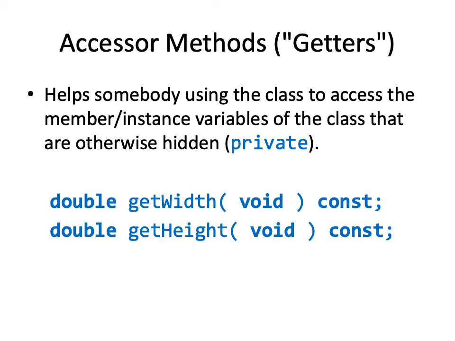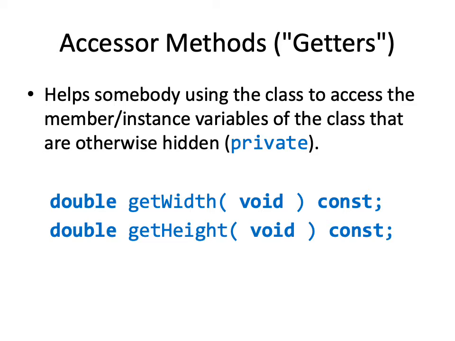Now, you notice there's a const at the end. That means that as a result of calling the getWidth function on a rectangle, that rectangle shouldn't change its value. So it's like, if I ask a person, what's your height? The person can say, here's my height, and it doesn't change how high they are. It shouldn't change how high they are. Or if I go into a bank account, for instance, and I say, what's the balance on my bank account?